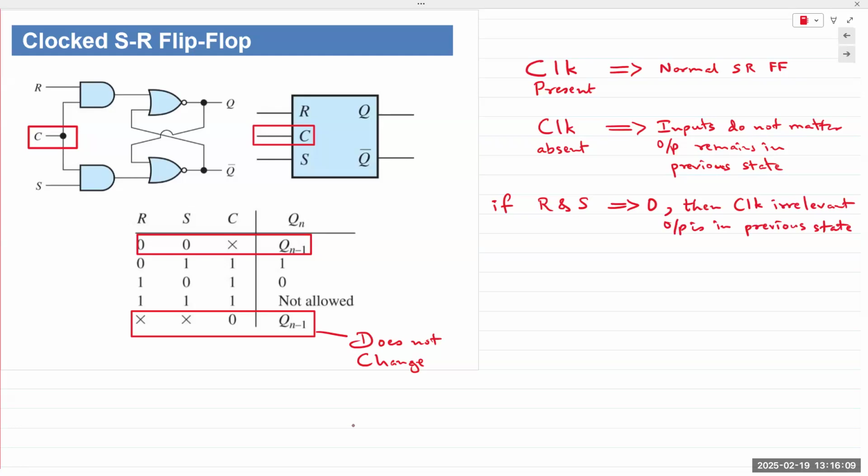Clock 0, output remains in the previous state; whether the clock is 0 or 1 does not matter. And the 1, 1 state is still the same, not allowed. It's unpredictable. It's a race to the output. Output could be 1 or output could be 0; we would not be able to predict. So that state is still not allowed. All right, any questions?